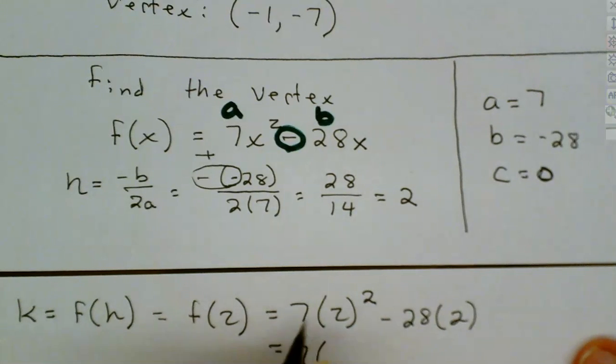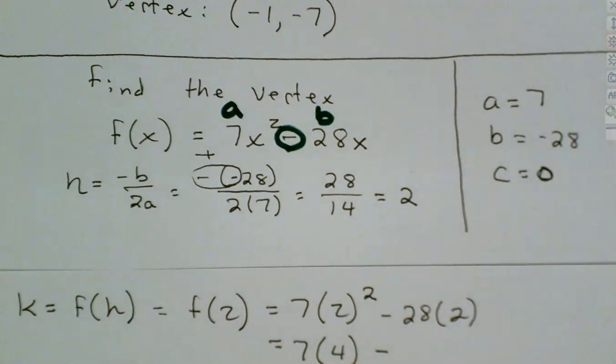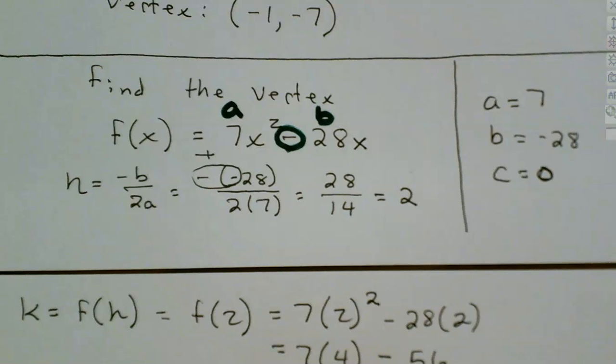And that's 7 times 4, which is 28, minus 28 times 2, which would be 56. And that's 28 minus 56, which then comes out to be a negative 28, right?